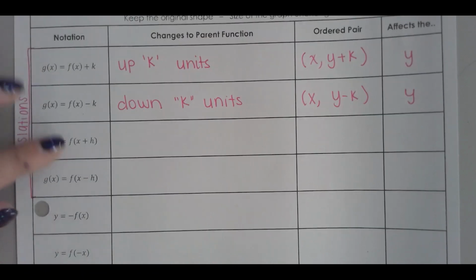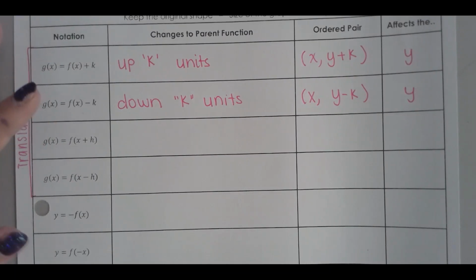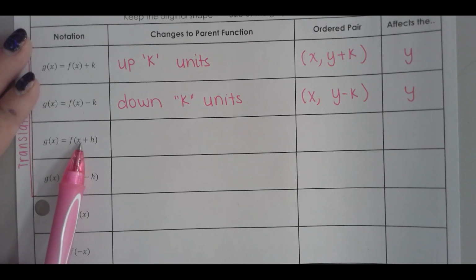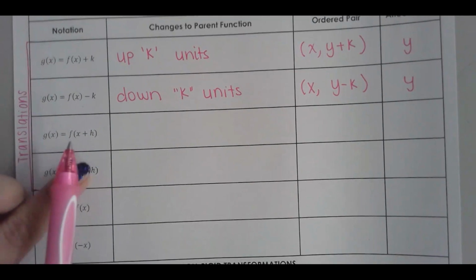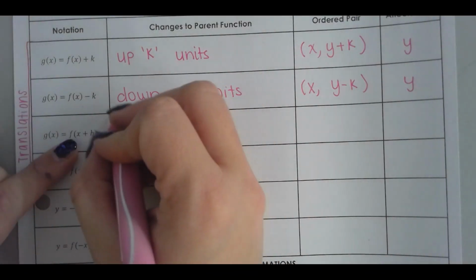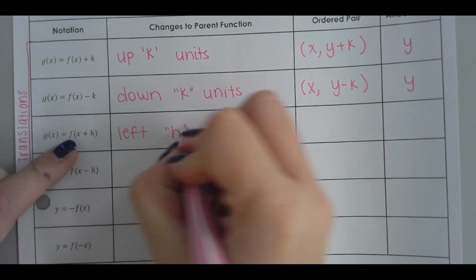Then we could add or subtract a number, like when we were in algebra, I said we add or subtract inside. You're adding or subtracting directly to the x. That's going to move it left or right. So if it's x plus a number, it's actually going to go left h units.